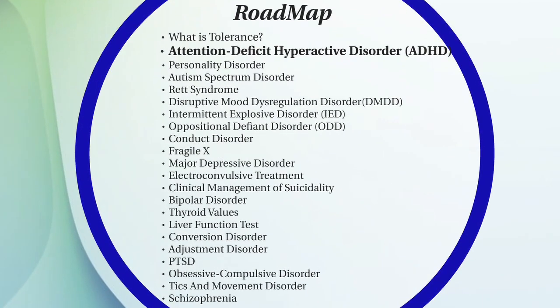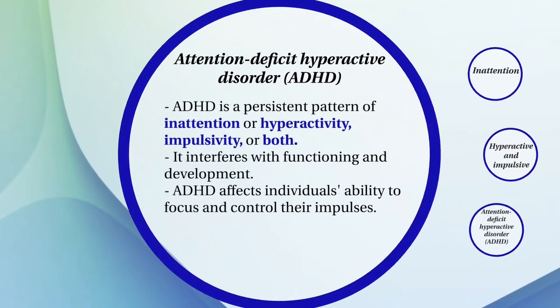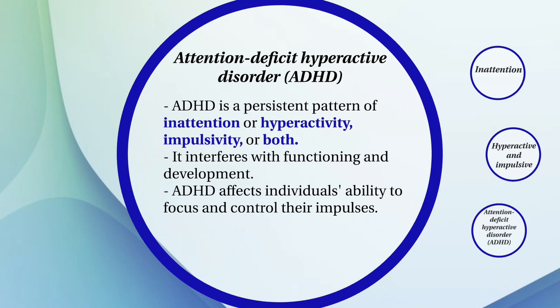All right, this is our roadmap to success for module 3. Right now, we're discussing ADHD. What is ADHD? It's a pattern of persistent inattention or hyperactivity and impulsivity, or both. How many types of ADHD does the DSM have?